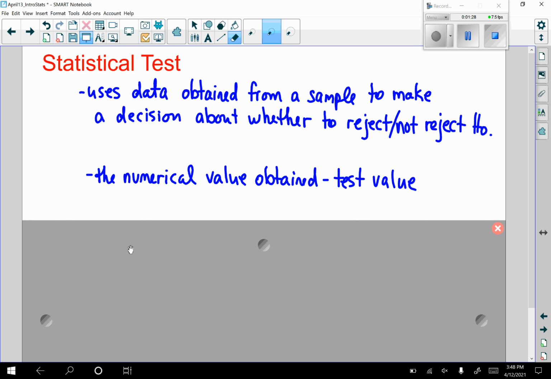All right, so again, getting back to a statistical test. This is a test that uses data obtained from a sample to make a decision about whether to reject or not reject the null hypothesis. The numerical value that we obtain is the test value.